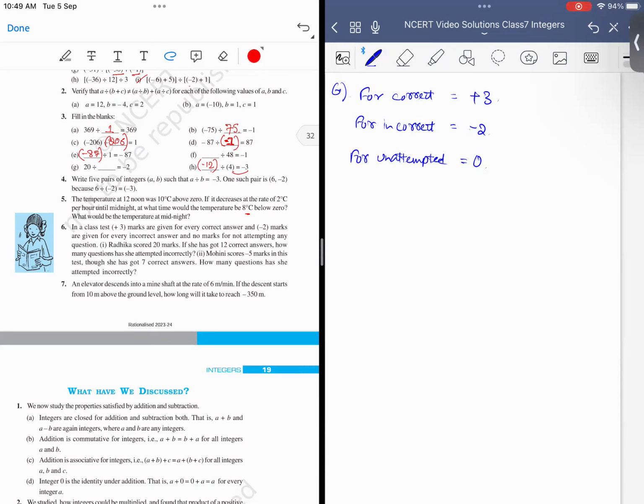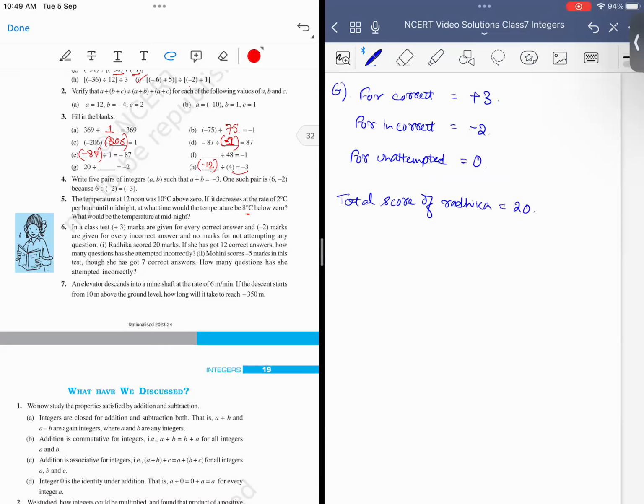Radhika scored 20 marks. If she has got 12 correct answers, how many questions has she attempted? So the total score of Radhika was 20 marks.